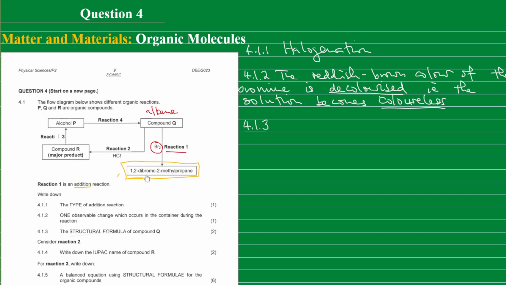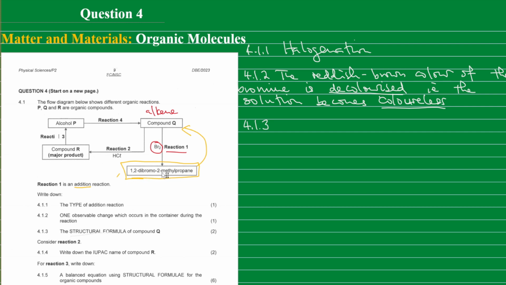When we add bromine, we get 1,2-dibromo-2-methylpropane. So this one should tell us compound Q. Let me explain before we write the answer. Let us write this down.